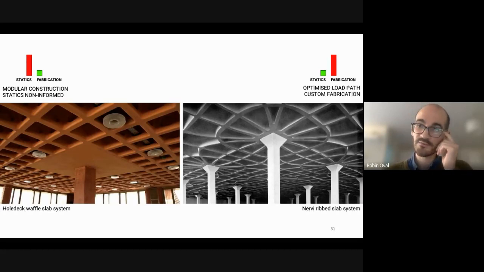On the right, you have, on the contrary, the slabs from Navier that follow the statics isoline. So you have this optimized load path that makes it efficient. However, here you need this custom fabrication. So here you have really two extreme designs.